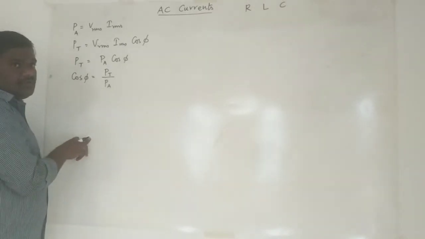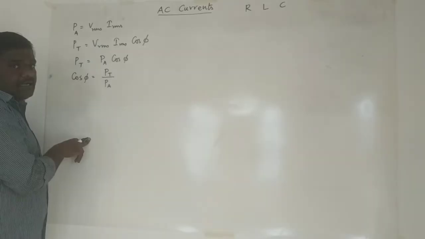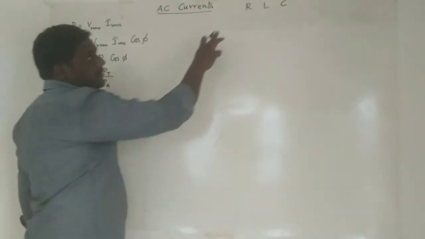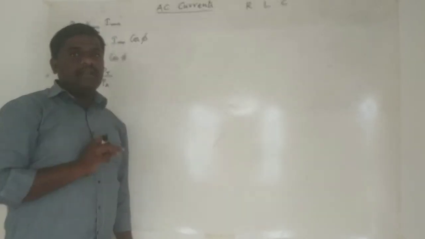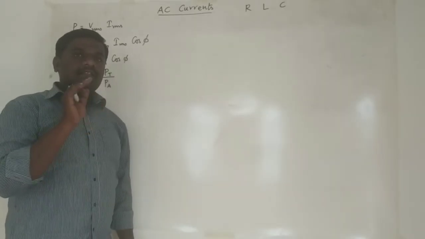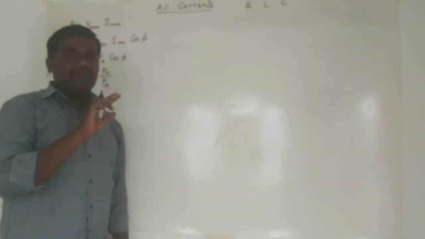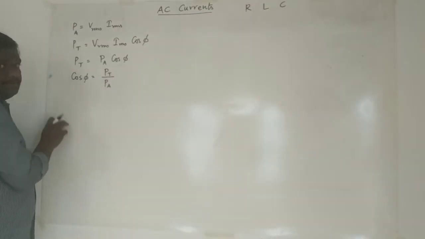Recall the derivation of the relation between AC voltage and AC current, where in the case of a pure resistor I gave the derivation and finally one conclusion: there is no phase angle, or the phase angle between the AC voltage and AC current is 0 degrees. Now substitute the phase angle here.